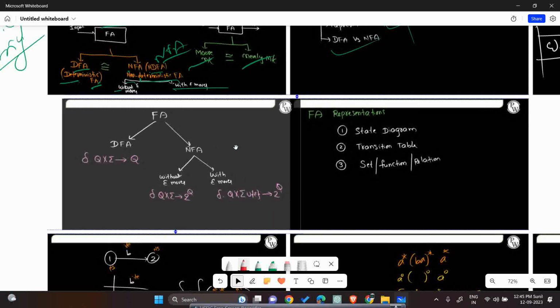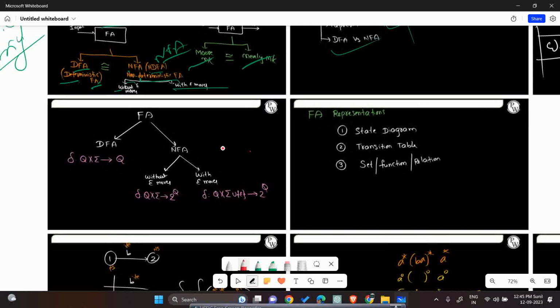So let's see what's next. Finite automata are of two types, DFA and NFA. In DFA, the transition function is there. We will be at a state, whatever that state is, and take an input symbol from the input alphabet.